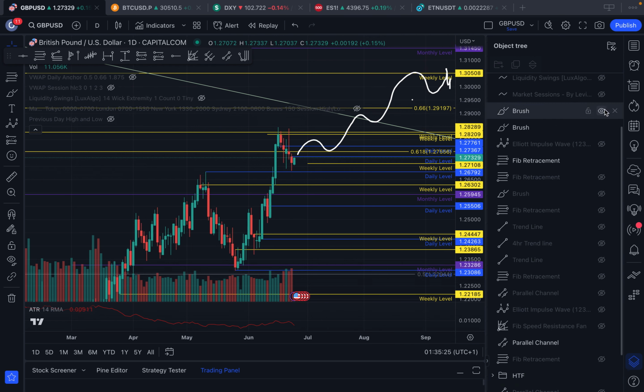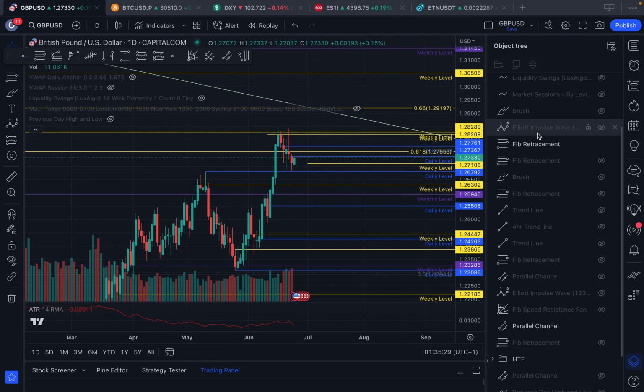Now the other scenario, so that's our bullish scenario. Now bearish scenario, theoretically we have rejected from this weekly almost 3 times. We've hit it on the Friday, then we hit it on the Monday, then we hit it on Thursday, which is a crazy day. So we've hit it 3 times.